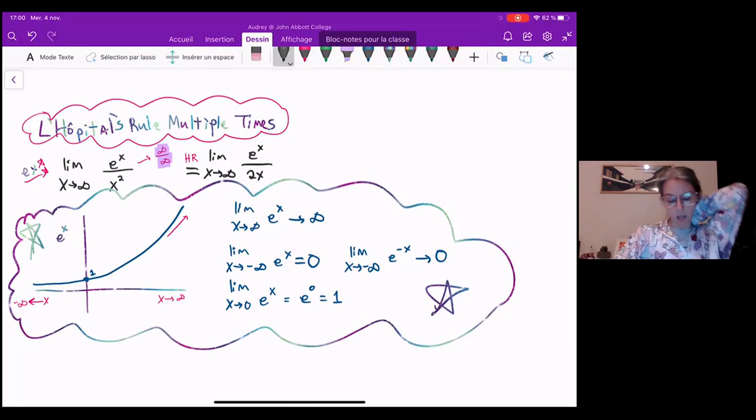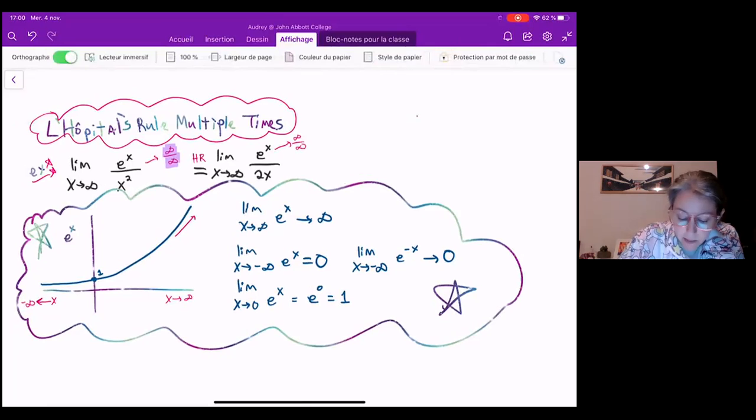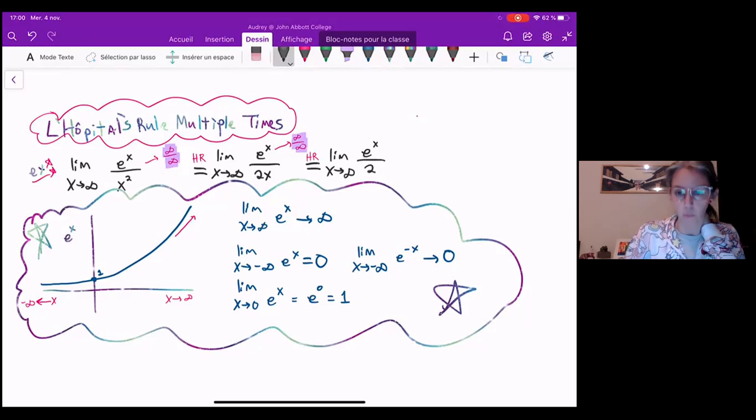Now when I plug in again, I get infinity over infinity again. That means I'm allowed to use L'Hopital's rule. So to figure out what this is, I'm actually going to use L'Hopital's rule one more time. So I'm going to have the limit as x goes to infinity of e to the x over 2.